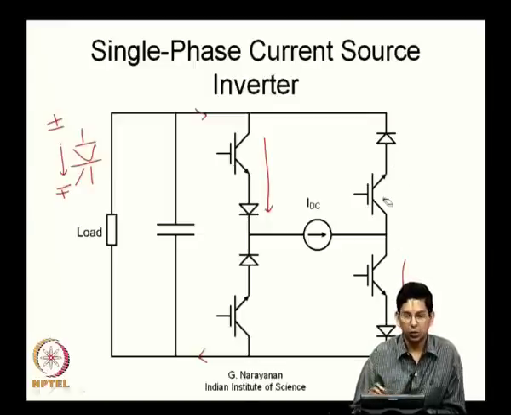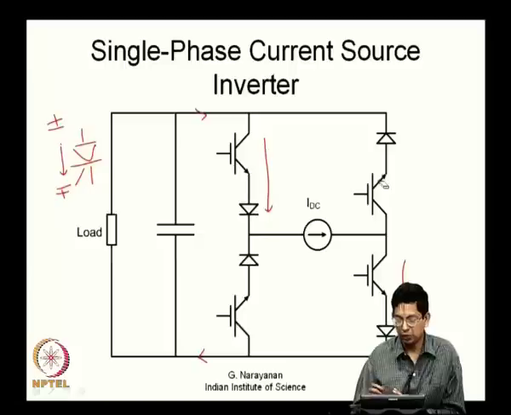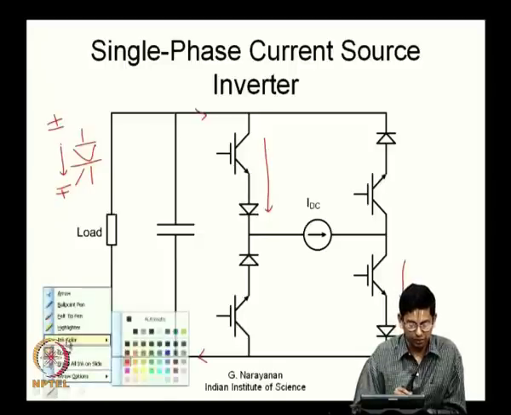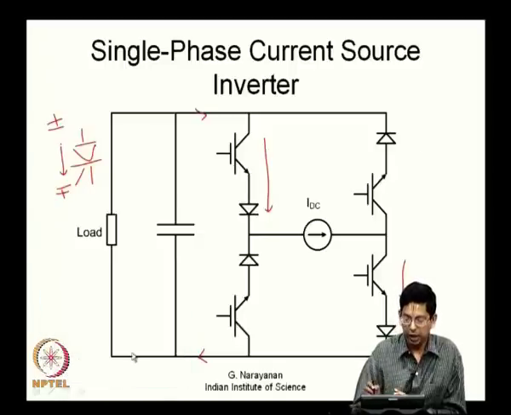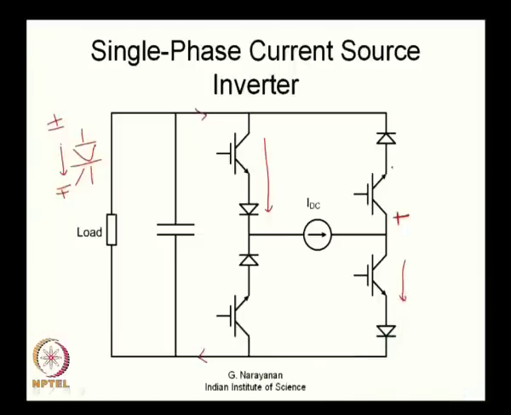This switch is off and it has to block a potential, and it has to block a potential which is really bipolar in nature. It can be either positive or negative. So, this transistor is capable of blocking with this polarity and this diode is capable of blocking this polarity. So, the two of them together can block any potential of either polarity. So, you get a 2 quadrant switch here. The same situation holds here also.